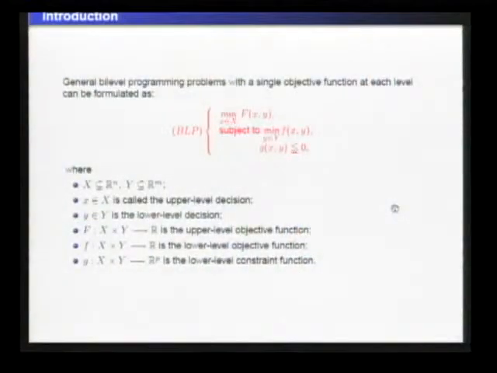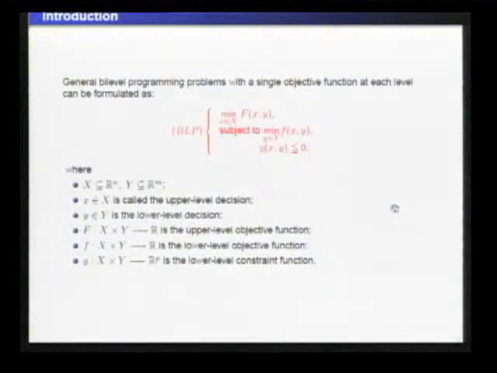General bilevel programming problems with a single objective function at each level can be formulated as follows. Such problems have two levels of objective functions. The upper level objective function is the capital F. The small f, or simply f, is the lower level objective function.